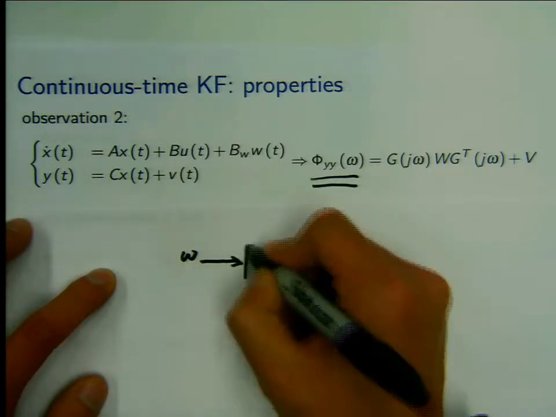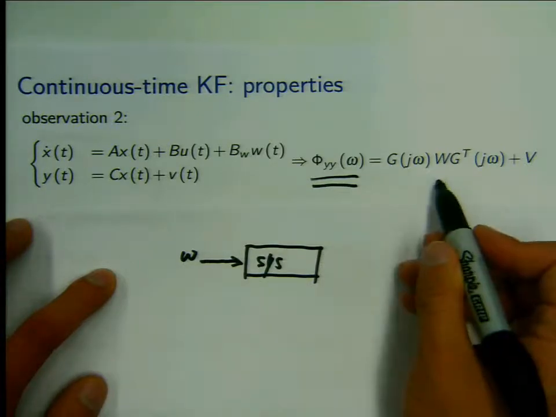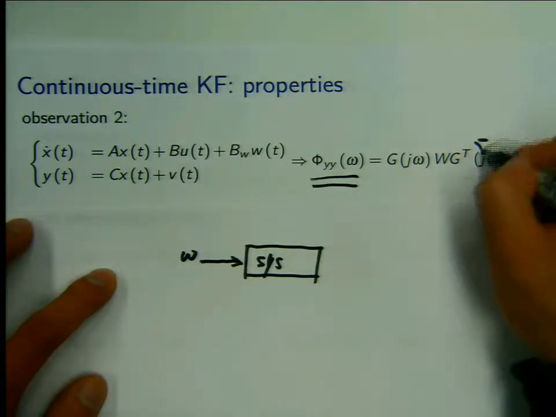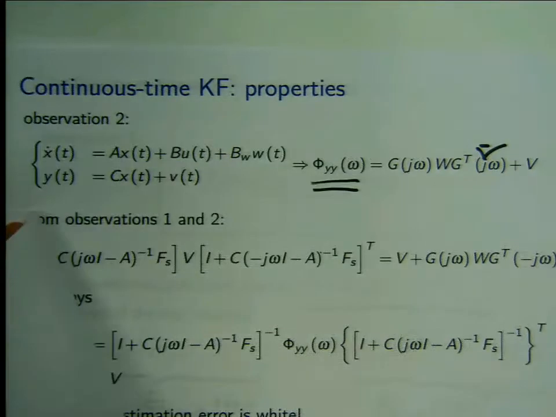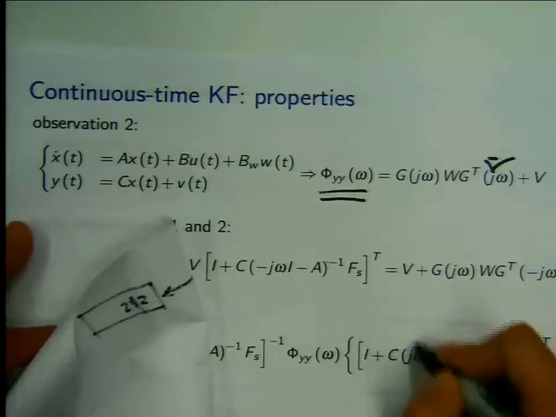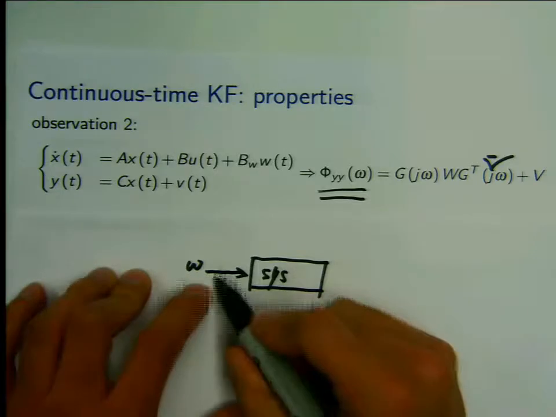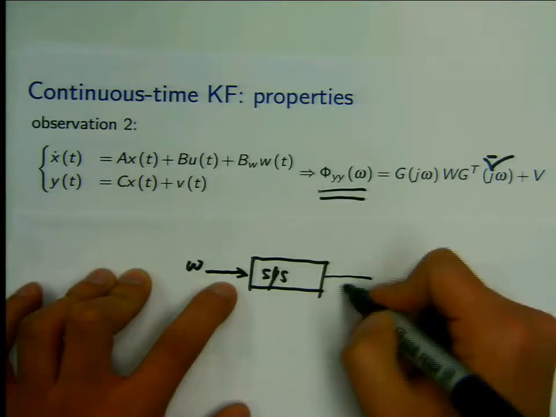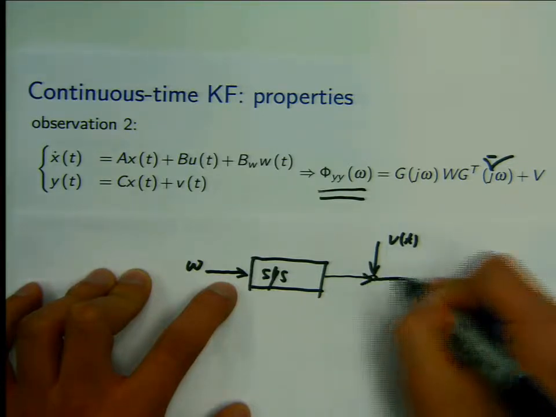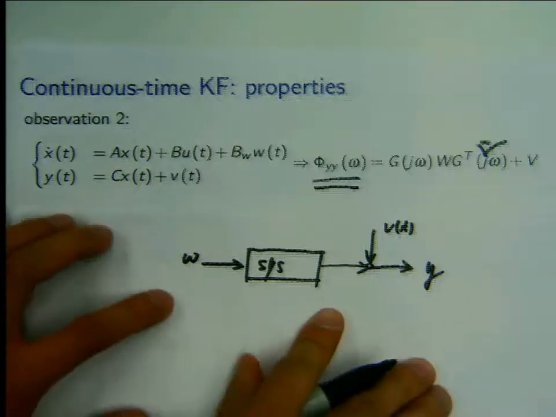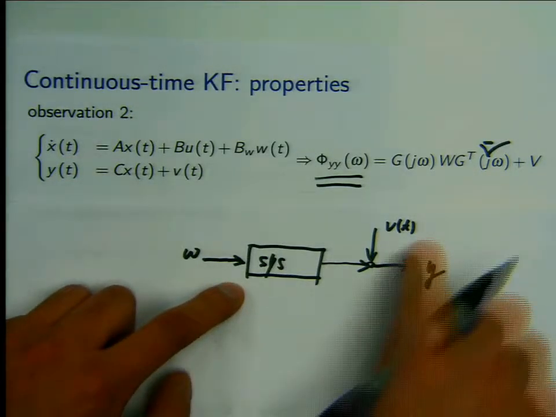W going into my system, which I have denoted the transfer function as G. Again, I have a typo here, but I found it out. This is another typo. So if the picture is this, if I have W going into the system, then this is how the picture looks like. It's V here. This is Y, all right? So W is the noise term. And then V is the other noise term.